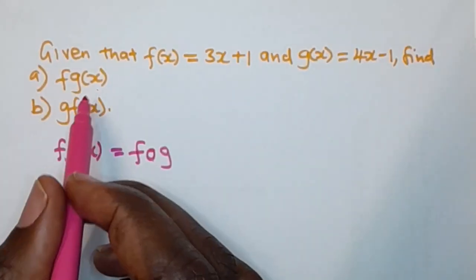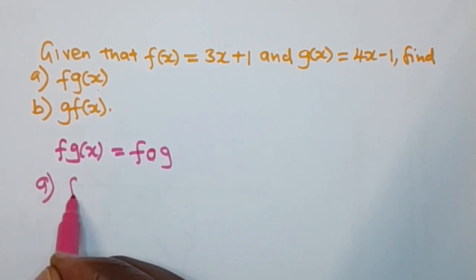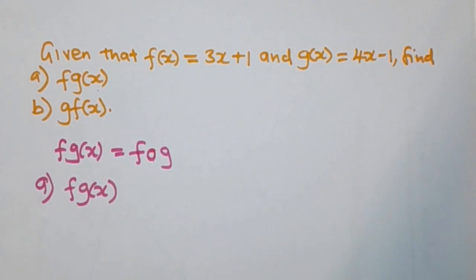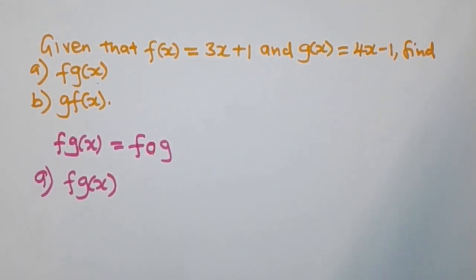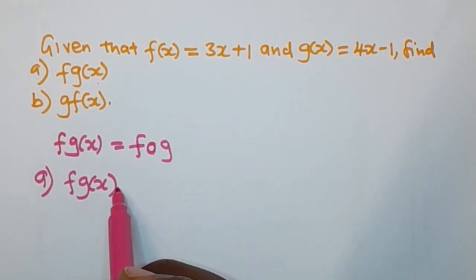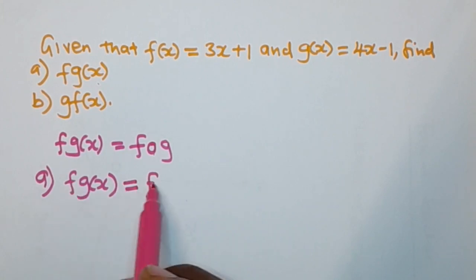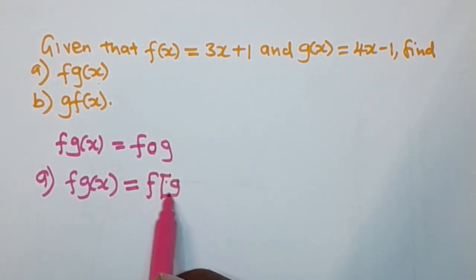Okay, so let's go ahead and answer part A. We have f of g of x. So they want us to find f of g of x. You have to know that f of g of x is equal to the function f, then g of x.